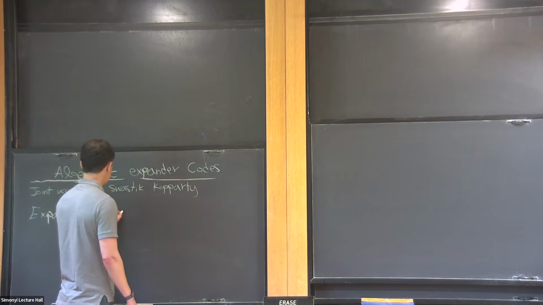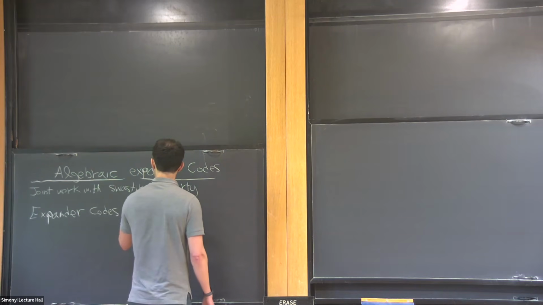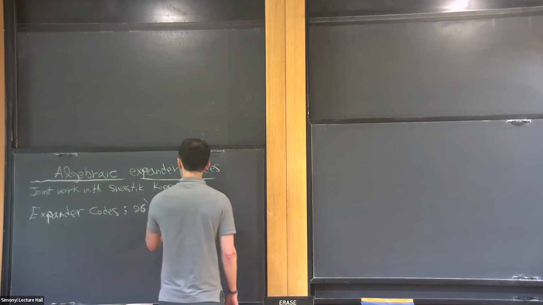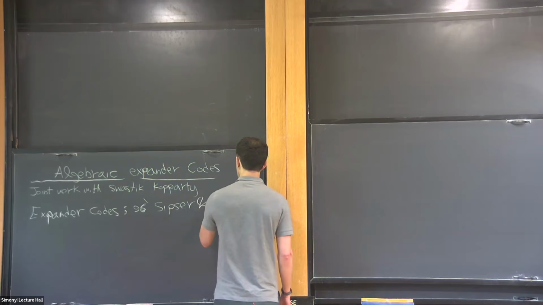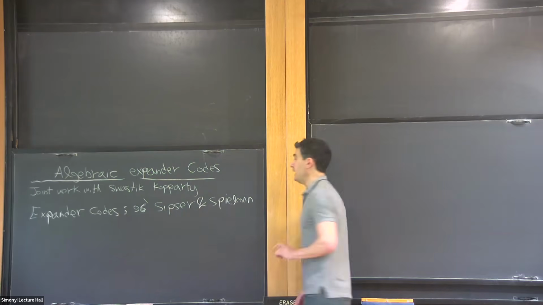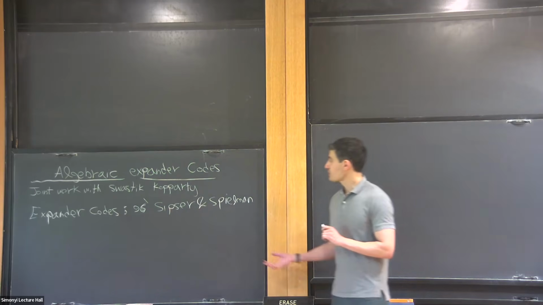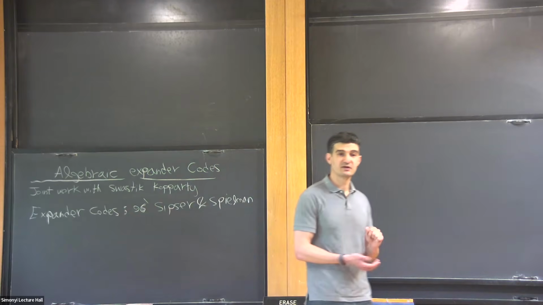They were introduced in '96 by Sipser and Spielman. They give us a way to construct a family of codes with very good parameters.